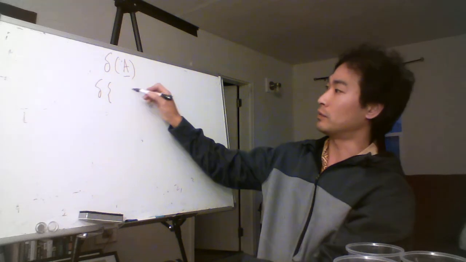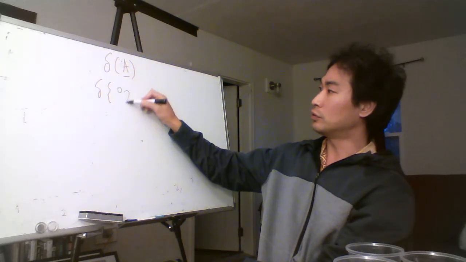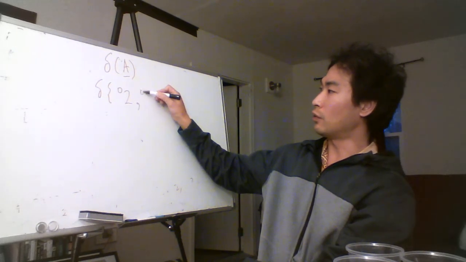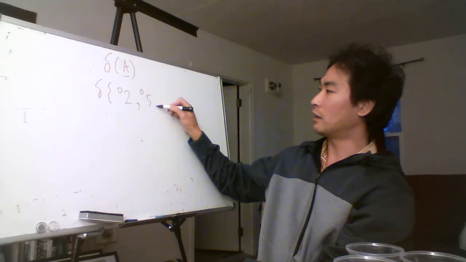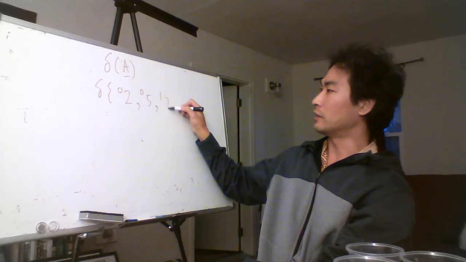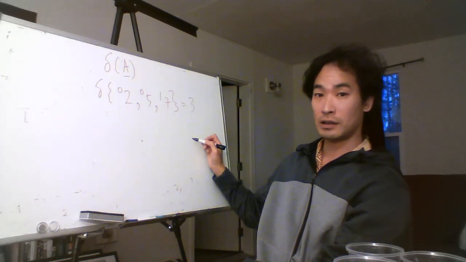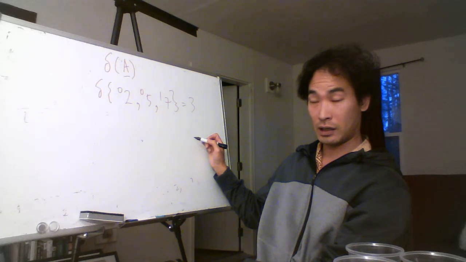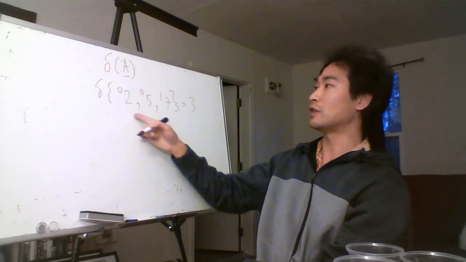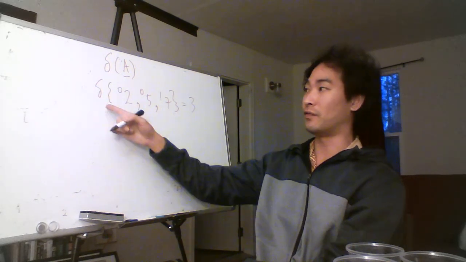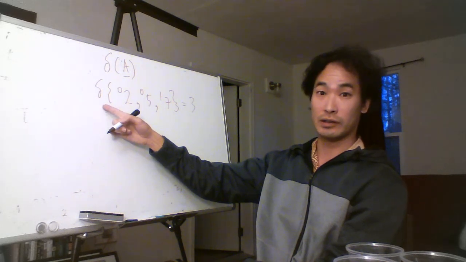Okay, so for example, let's say you have 0 2, 0 5, 1 7. What is delta of that? It is 3. So morphology actually matters. That's how we're gonna define delta function.